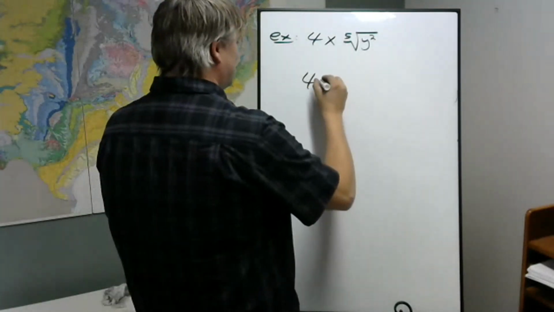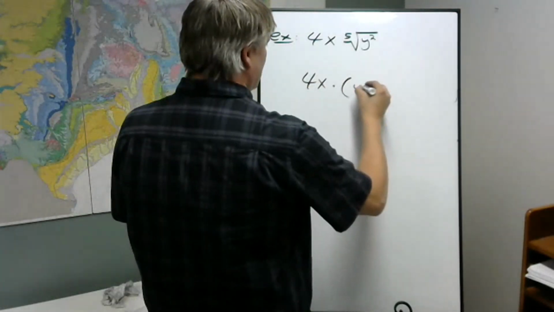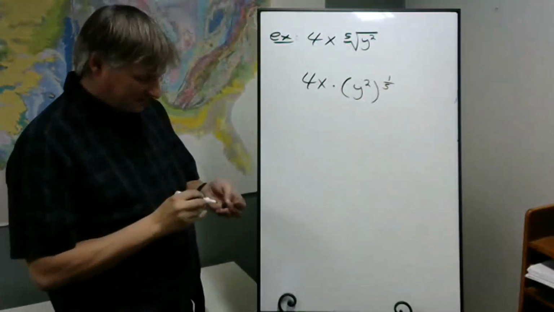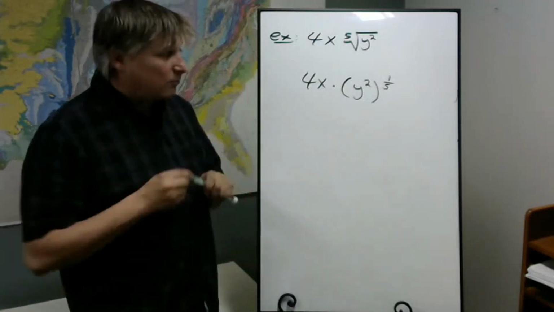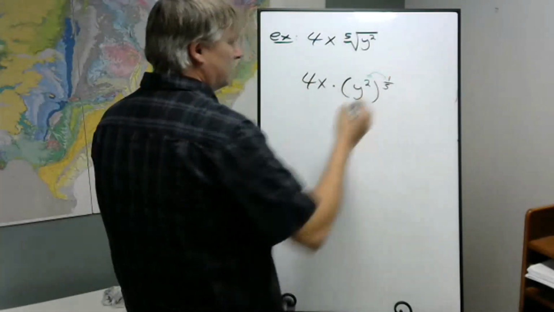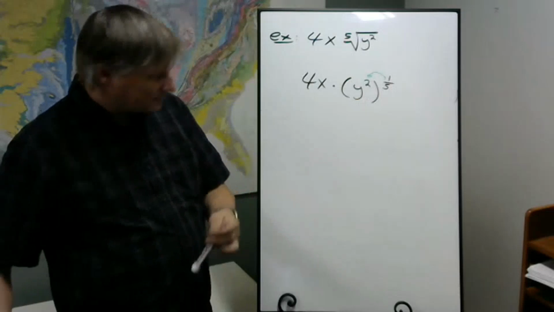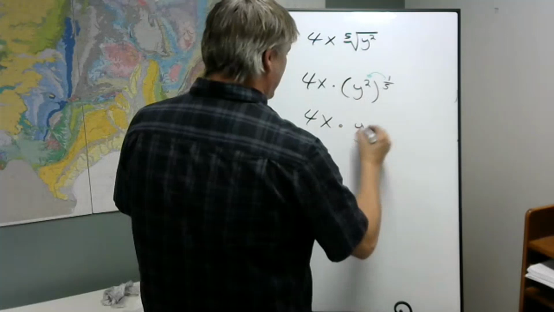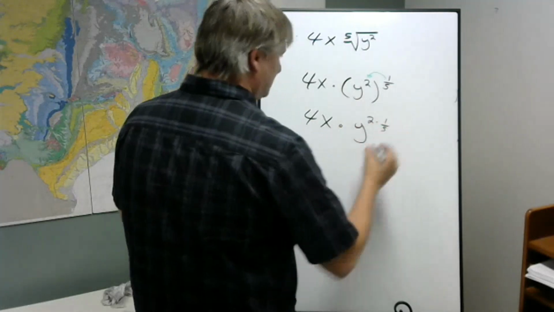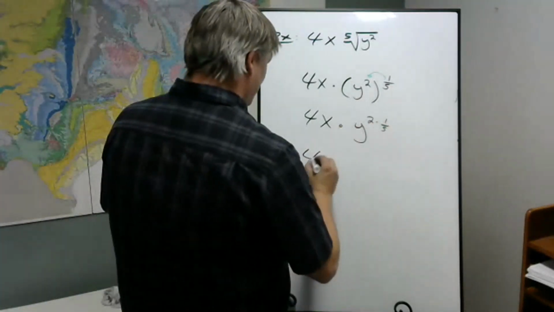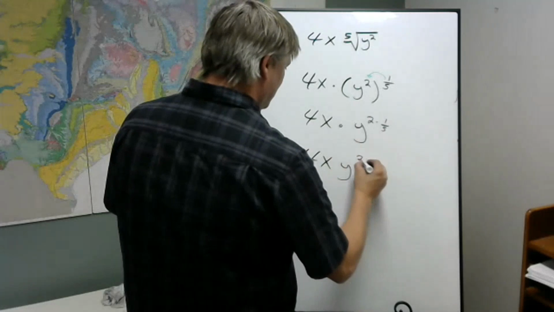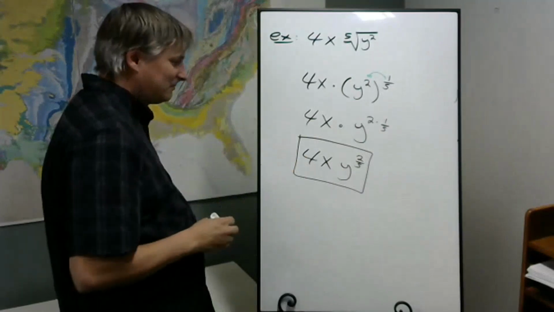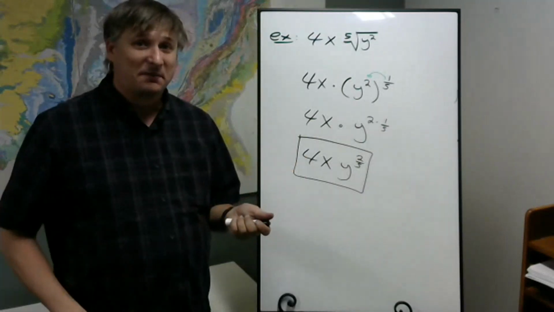So we get 4x times y squared to the 1/5. We distribute this as an exponent. We'll get 4x times y to the 2 times 1/5, or 4x y to the 2/5. And that's going to be our answer.